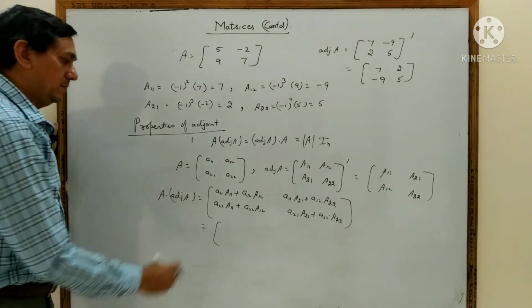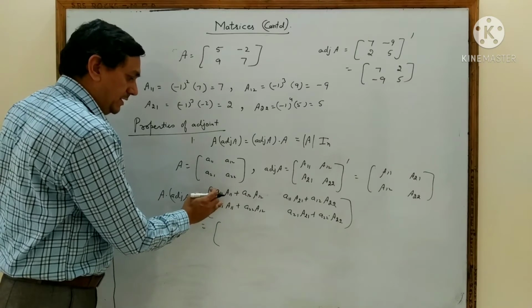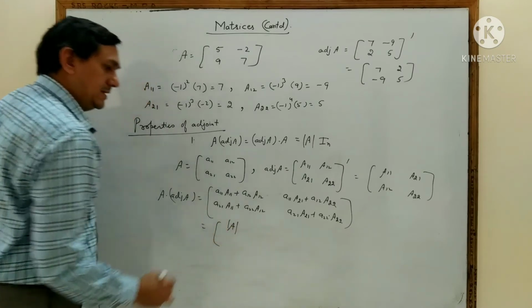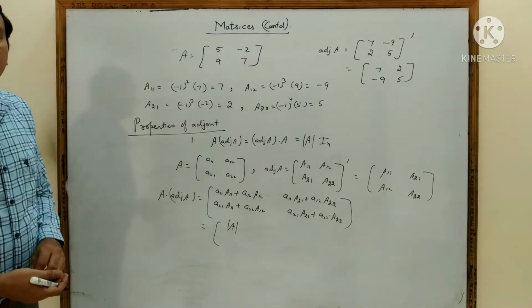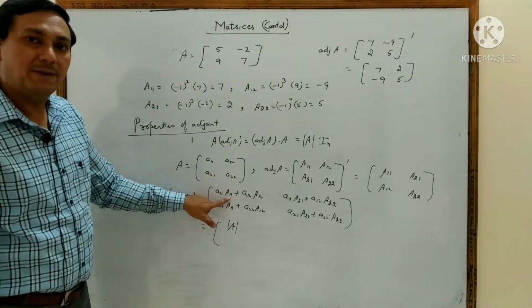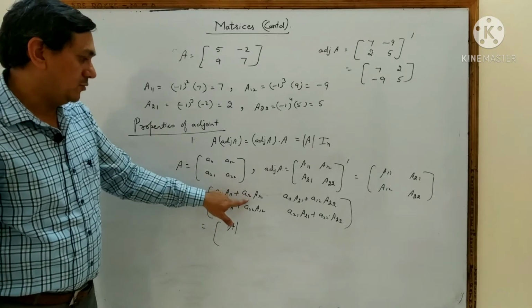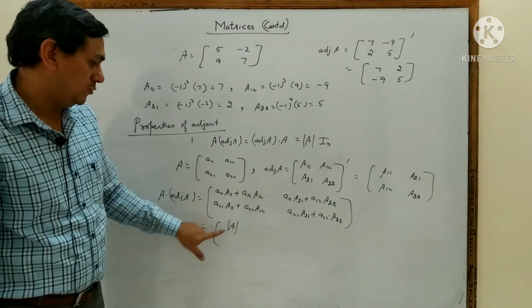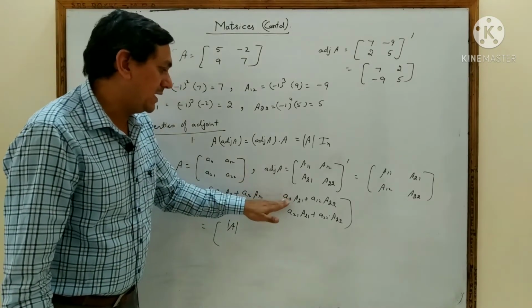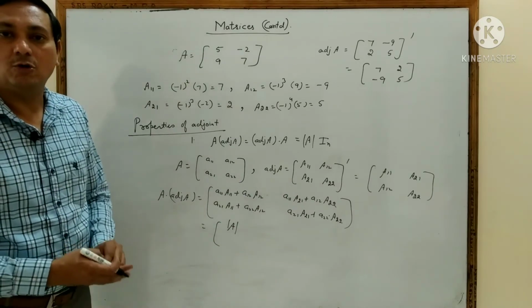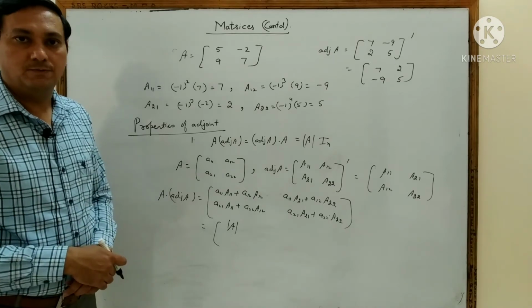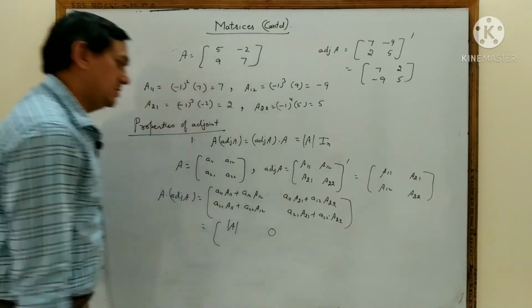Now do you remember that it is the actual definition of determinant? The determinant is the sum of the products of the elements with their corresponding cofactors. A11 multiplied by A11, A12 multiplied by A12, it becomes determinant of A. And when we multiply the elements of any row or column with the cofactors of any other row or column and then add, the answer is 0.